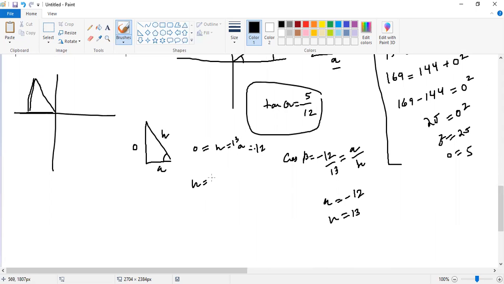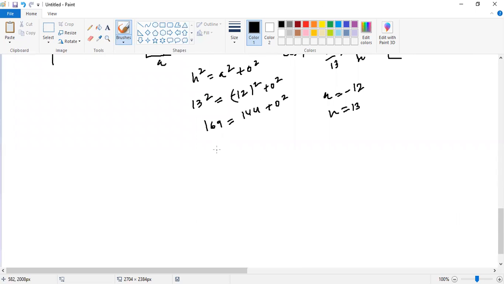So if we do H squared equals A squared plus O squared, then 13 squared equals negative 12 squared plus O squared. And that's 169 equals 144 plus O squared.